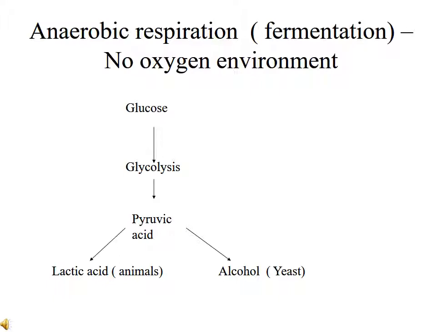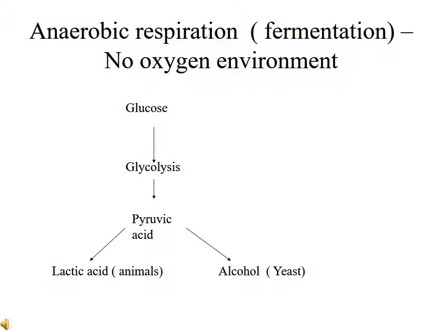The pyruvic acid, because there's no oxygen present, gets converted to either alcohol, produced by yeast, or lactic acid, produced when a runner, for example, is running and the energy is being produced, and eventually that individual becomes oxygen depleted, and therefore the oxygen cannot drive the pyruvic acid into the Krebs cycle.